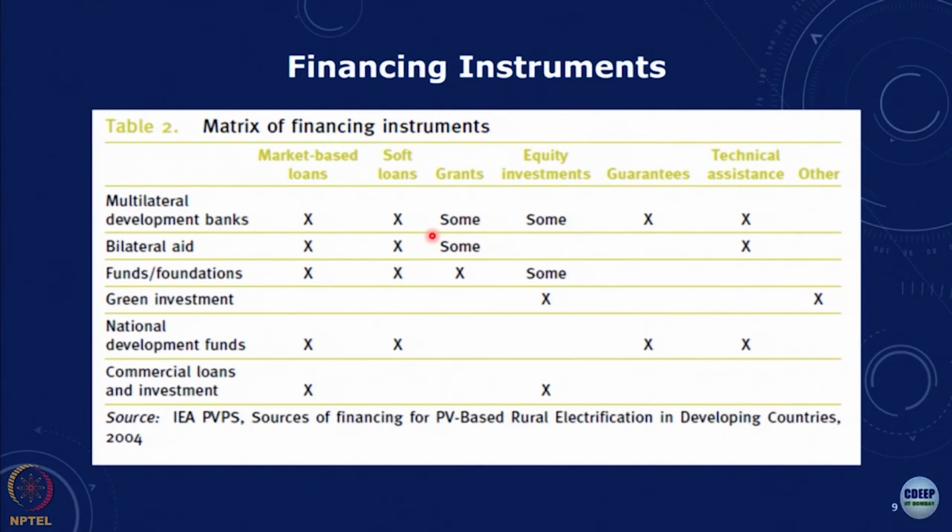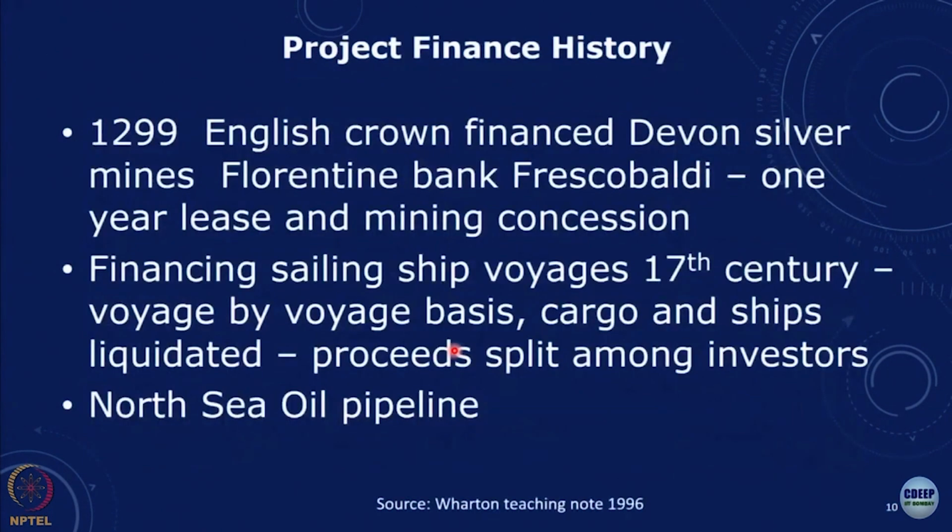Green investments would typically be equity investments. And then the national development funds could again be in the form of loans, guarantees, and technical assistance. Commercial loans and investment will typically be market-based loans. We can also invest in equity. So this gives you an idea of the kinds of financing modes.